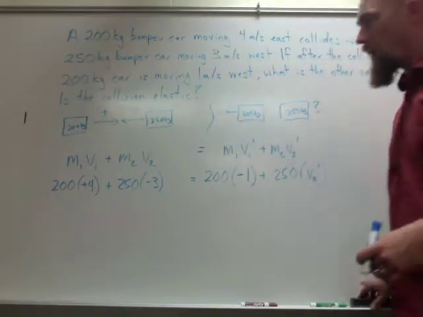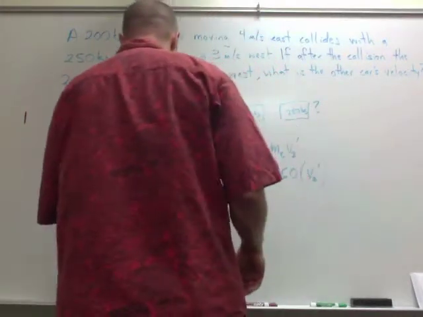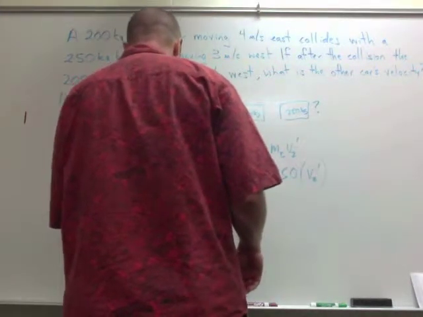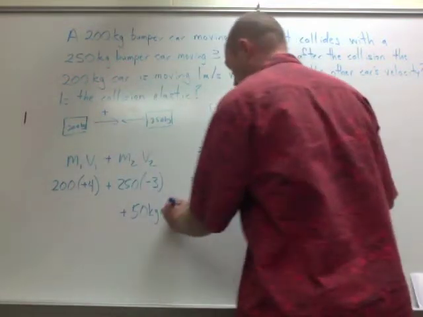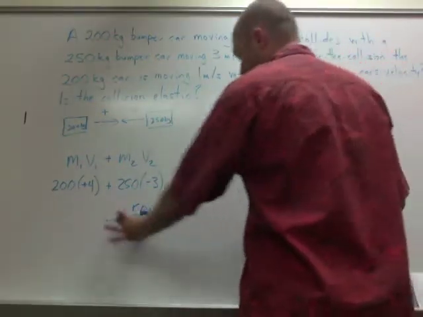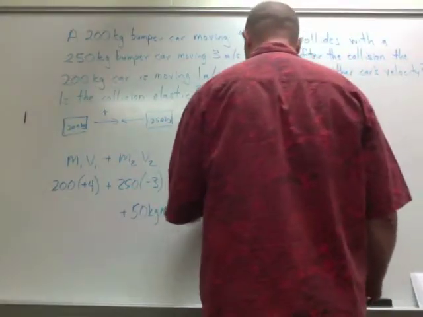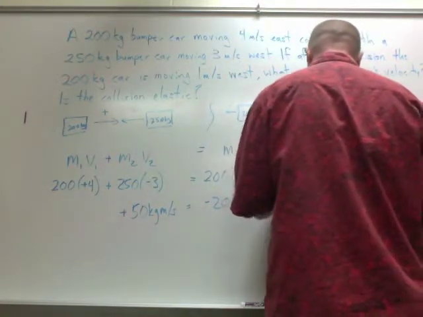Then I have to do the math: 800 minus 750, so this is going to be positive 50 kilogram meters per second. This equals negative 200, so I bring this over here: 50 equals negative 200 plus 250 V2.